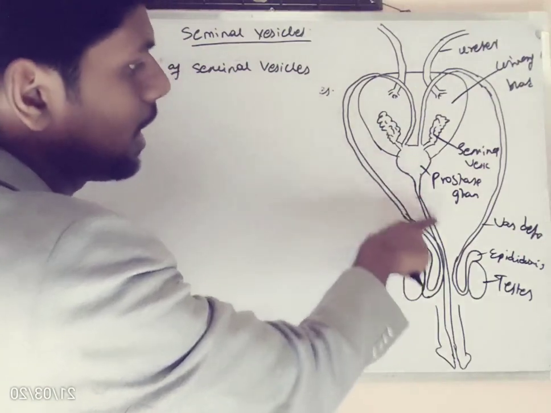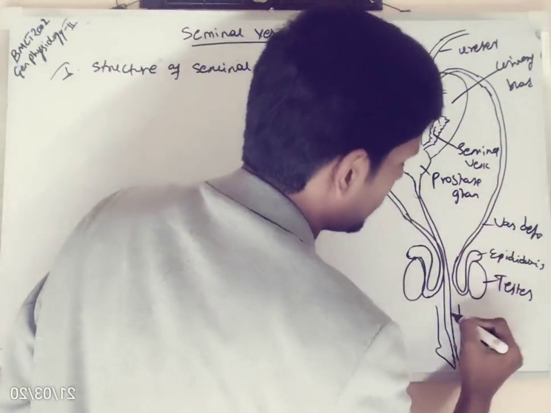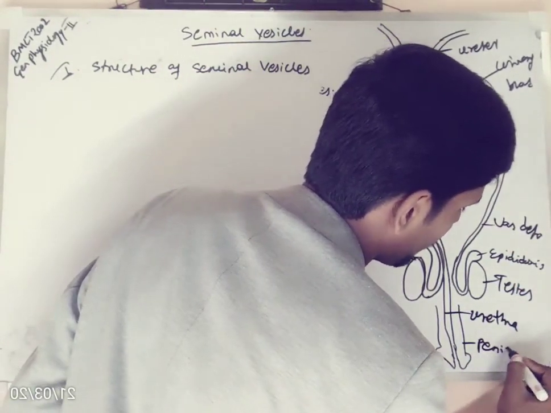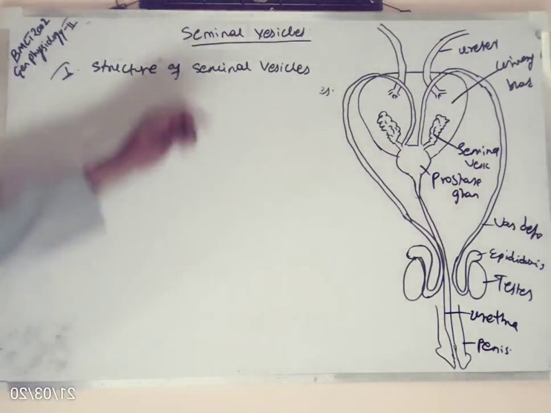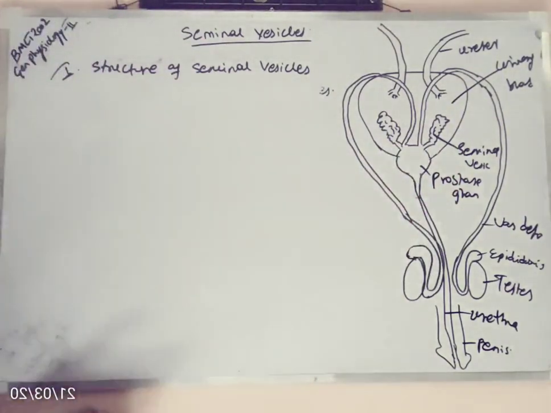And what is this one, students? From the prostate gland you have the urethra which is connected to the penis. So this is the urethra, and this is the penis. So our seminal vesicles are situated on either side of the prostate gland.